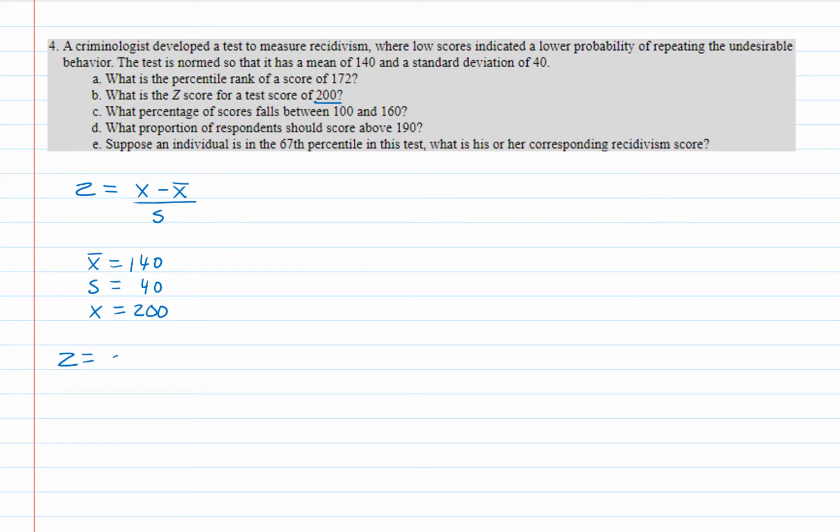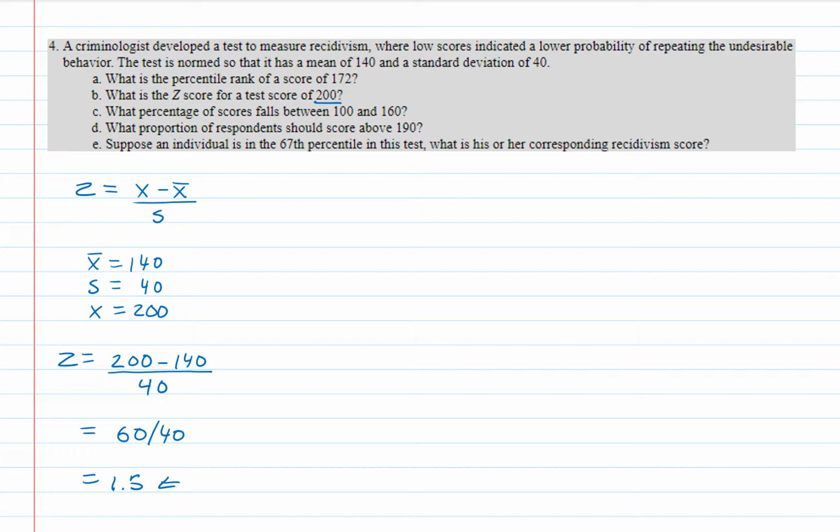We're going to have 200 minus 140, all divided by 40. And that is going to equal 60 over 40, and 60 over 40 equals 1.5. So the z-value associated with a raw score of 200 is 1.5.